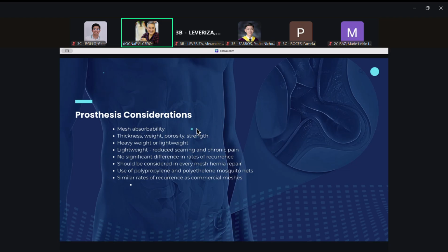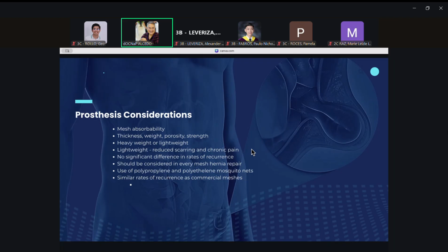More of the considerations, of course, it should hopefully, if you don't use a pure polypropylene mesh, there's some parts of the mesh that can be absorbed, no? And the thickness, the weight, all of these things are important considerations when you choose a mesh, no?